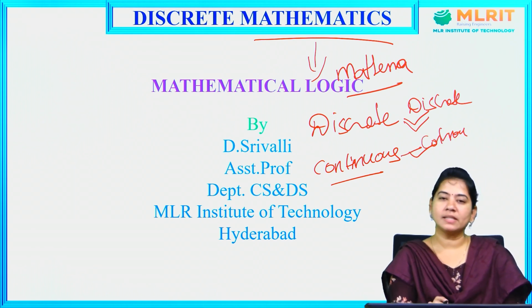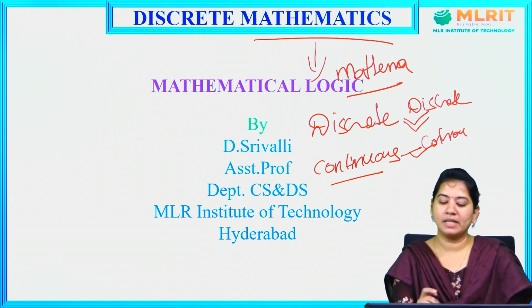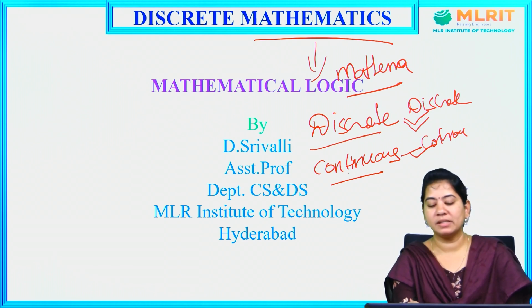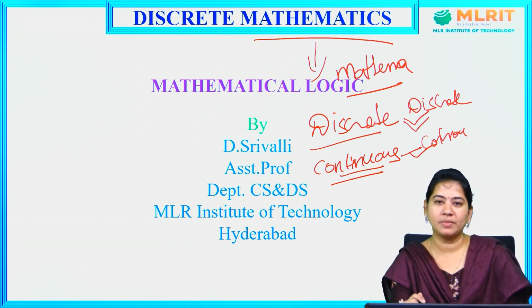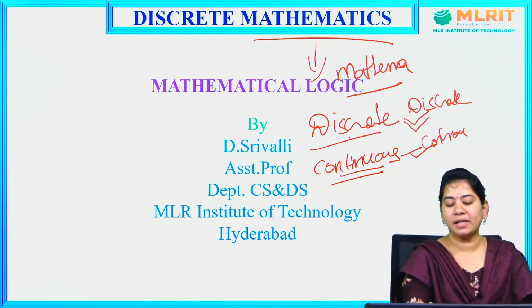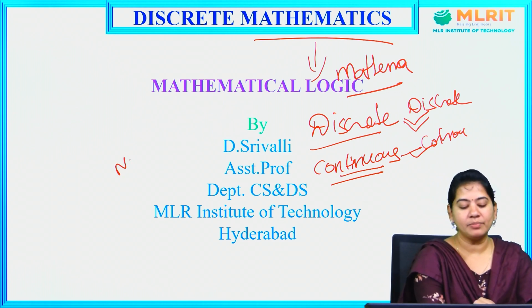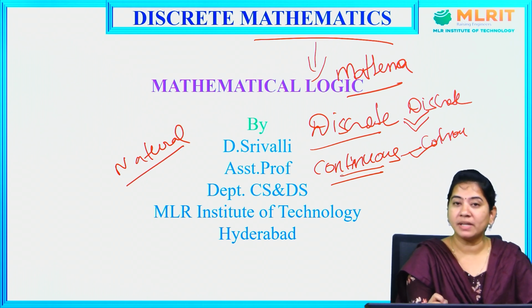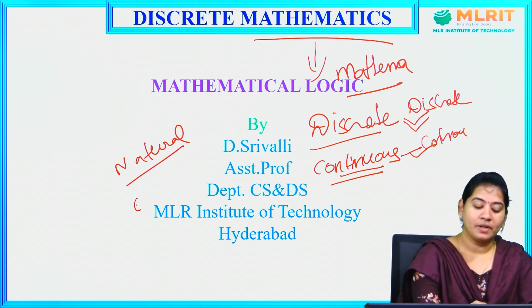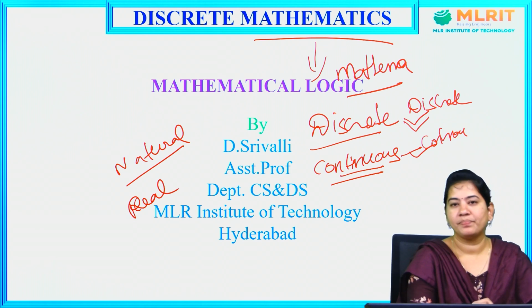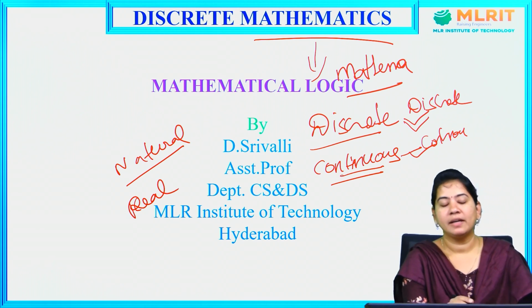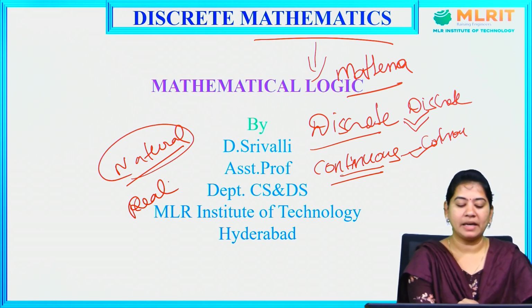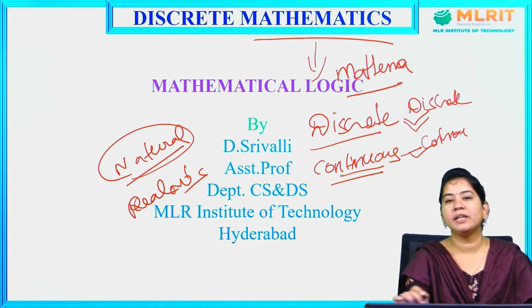Let us take some examples to understand the differentiation between discrete mathematics and continuous mathematics. Natural numbers are discrete in nature and real numbers are continuous in nature.